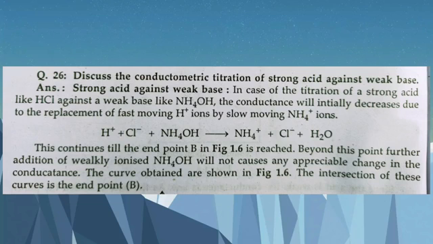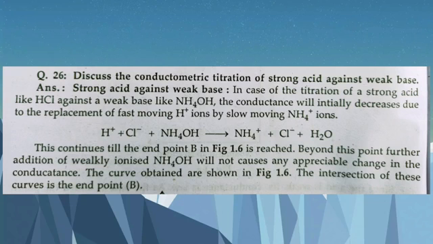Due to the replacement of fast moving H plus ions by the slowly moving NH4 plus. Why ammonium ion? As the ammonium ion is derived from the weak base, and hence if it is replaced, H plus is fast moving, but NH4 plus is actually heavy, the size is big, and it is derived from the weak base, and hence the speed is less.